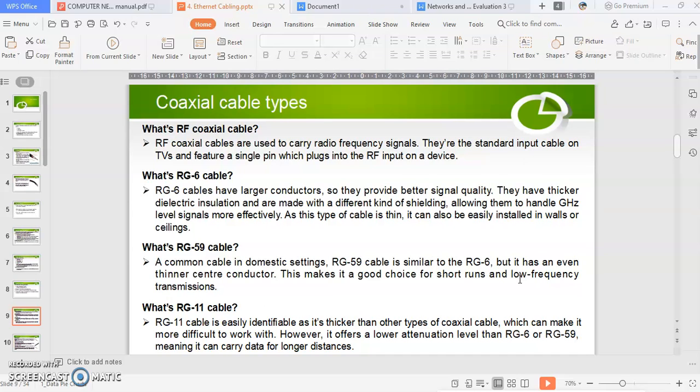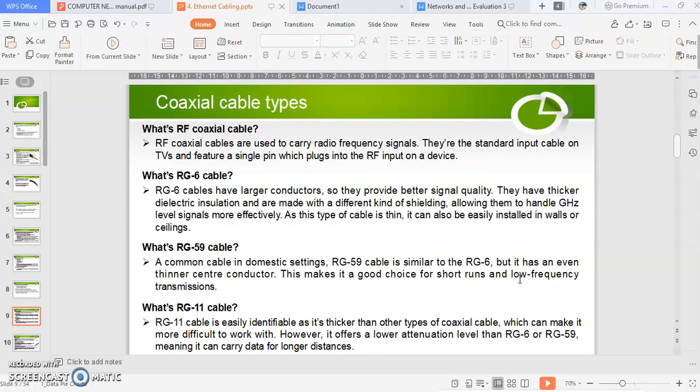RG11 can easily be identified as thicker than the other types of coaxial cable, which can make it more difficult to work with. However, it offers a lower attenuation level than RG6 and RG59, meaning it can carry data for a longer distance. That is the advantage of RG11.